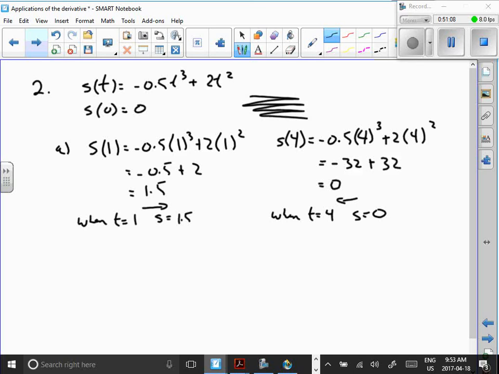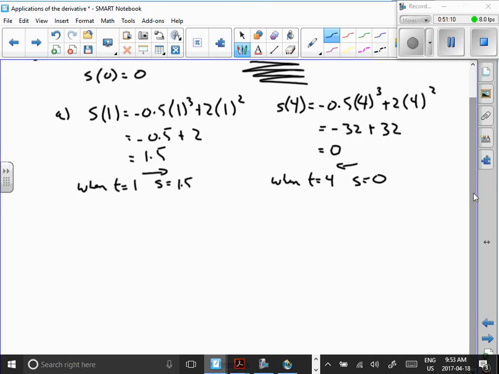So for B, V at t is the instantaneous rate of change in displacement.